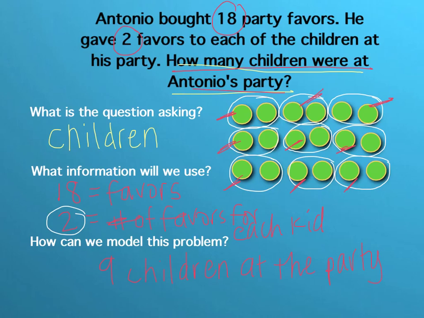So my since statement would be, since Antonio had 18 party favors and he gave 2 favors to each child, if I divide 18 by 2, I get the number of children at his party. 18 divided by 2 equals 9. 9 children at the party.